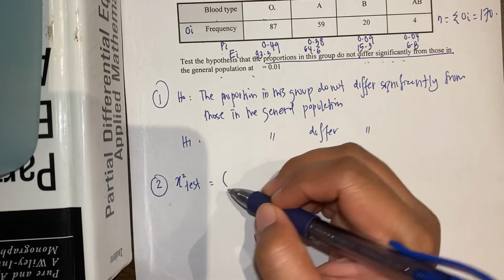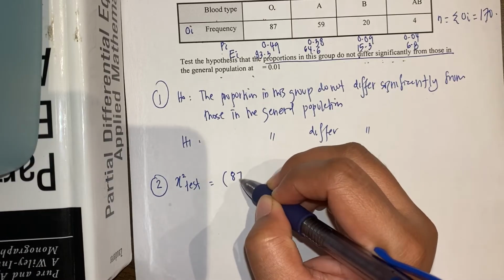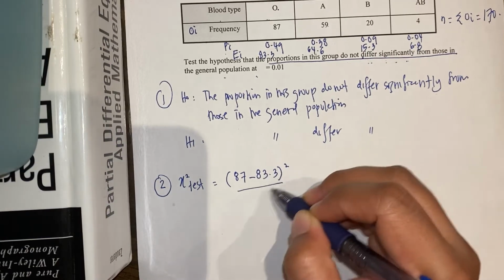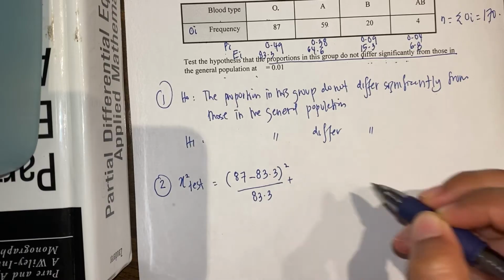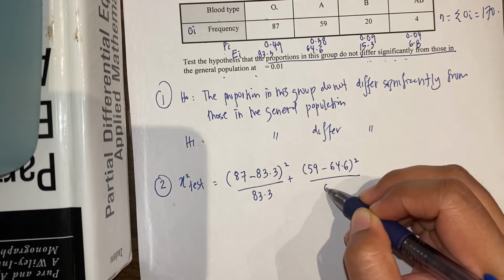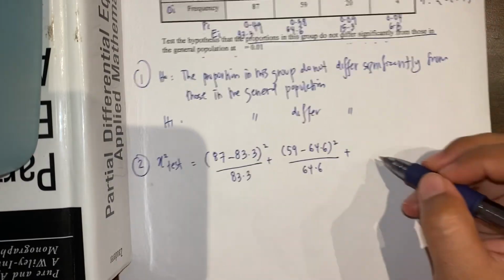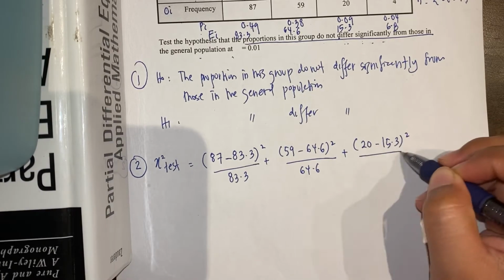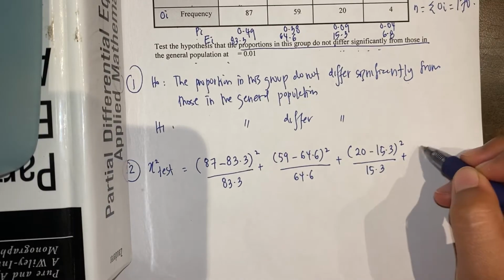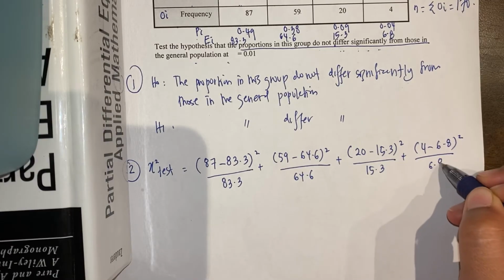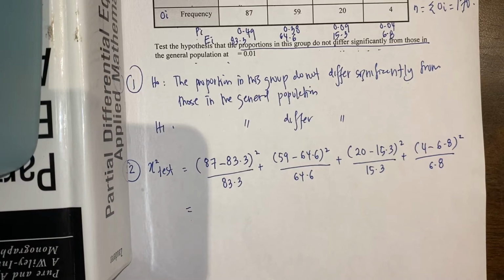So first category we have 87 minus, second, third one, and you can calculate that.